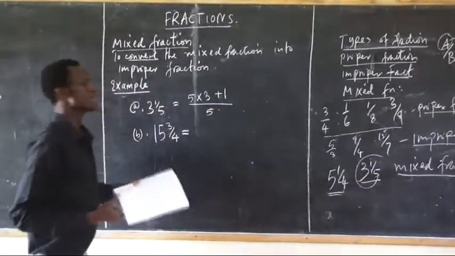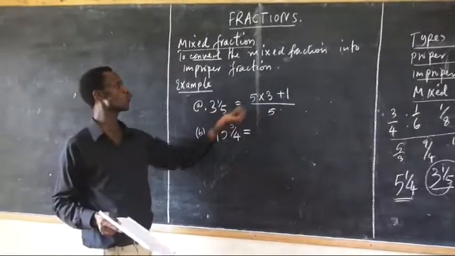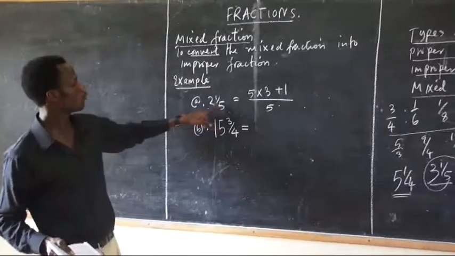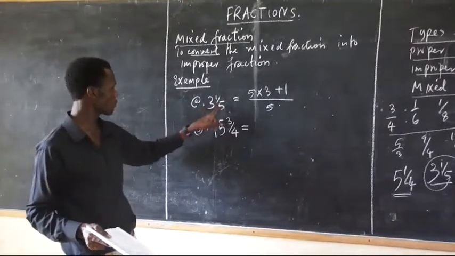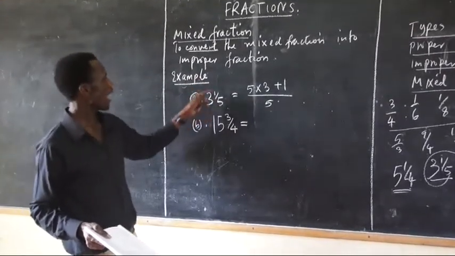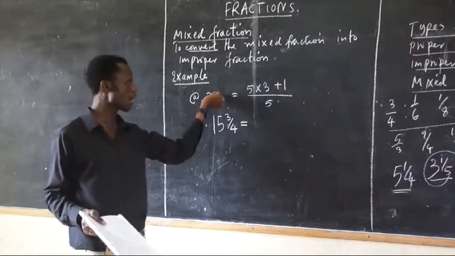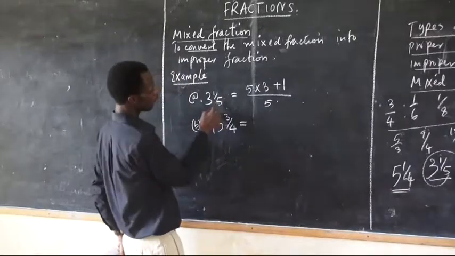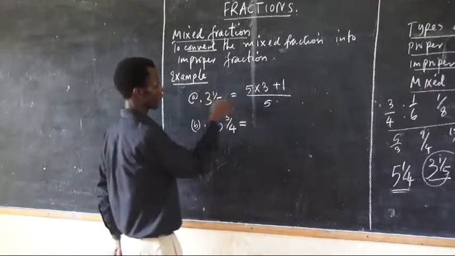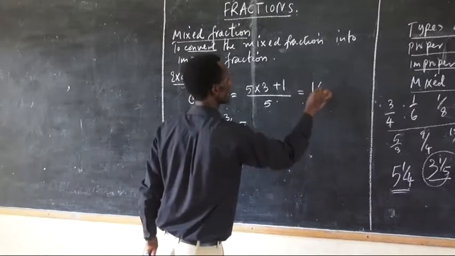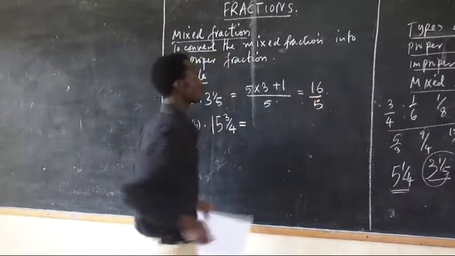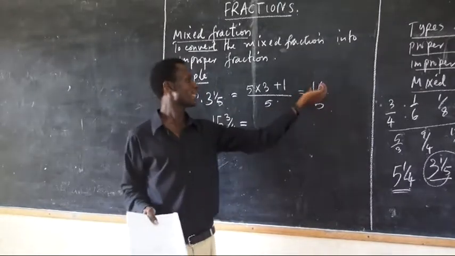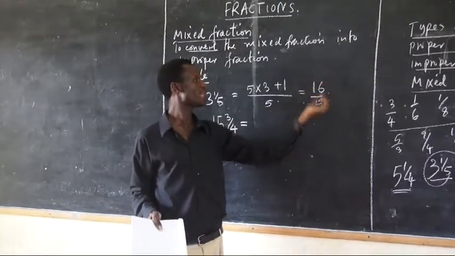This is how we convert the mixed fraction to an improper fraction. Now 5 times 3 plus 1 is equal to 16 over 5. Therefore, this is already an improper fraction because the numerator is larger than the denominator.